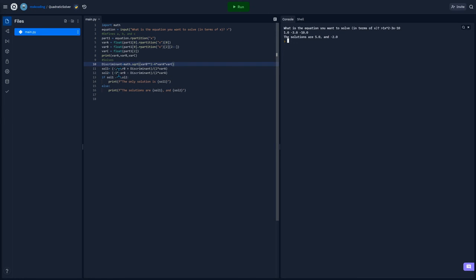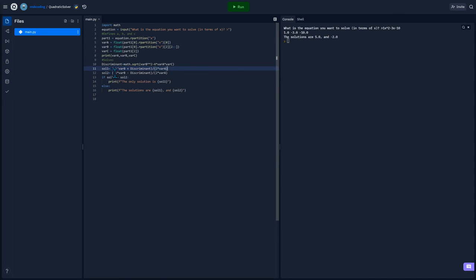So now we do minus b plus 7 over 2a, and minus b minus 7 over 2a. Minus b is 3, and 2a is 2. So we have 3 plus 7 over 2, and 3 minus 7 over 2. 3 plus 7 over 2 is 10 over 2, which is 5.